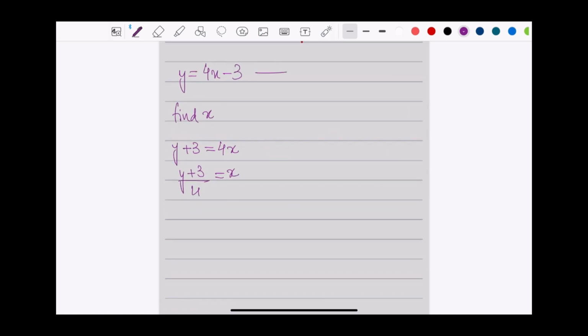Since we already established that y is equal to f of x, if this is 4x minus 3, then this is going to be the f inverse of x, making x the subject, which is now, instead of y, I replace it with x because inside I'm writing x.